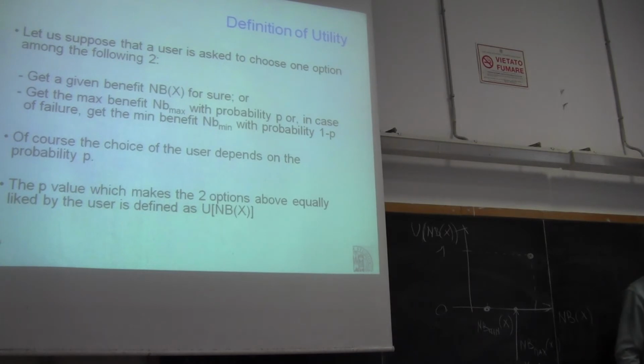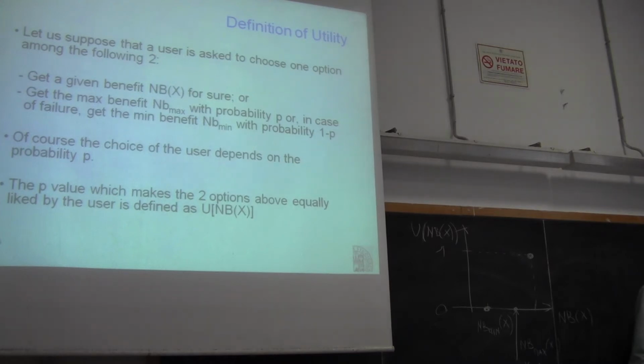But if I refer to MB star, I know for sure that this is uncertain, but I know for sure that there is a minimum benefit that in any case I will always take, which can be 0. Usually I can say that for sure there is a minimum that I can always take, and for sure there is the maximum, which I cannot pass.